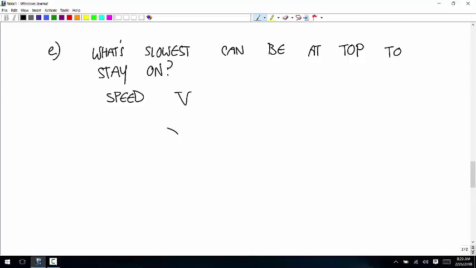So now the motion's going to look like this. The speed is going that way. The centripetal acceleration is this way.